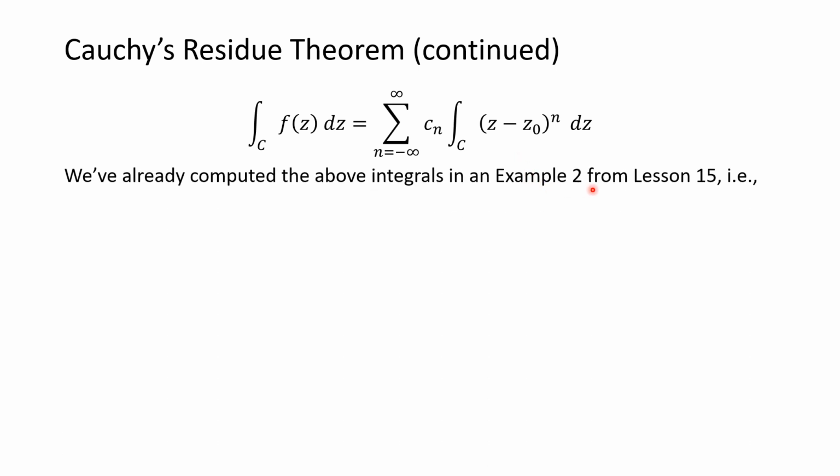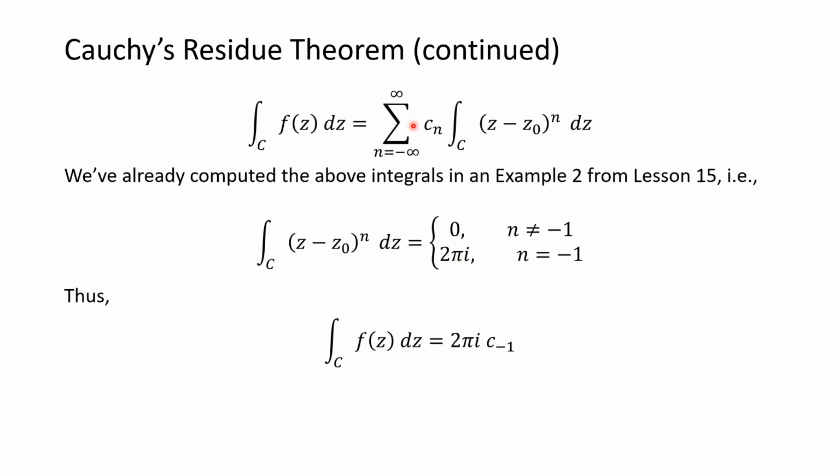And from example 2 in lesson 15, you may remember that we solved this contour integral about a circle, z minus z sub 0 to the nth power. And we had two cases. When n does not equal minus 1, the integral is 0. And when n equals minus 1, the integral is equal to 2 pi i.